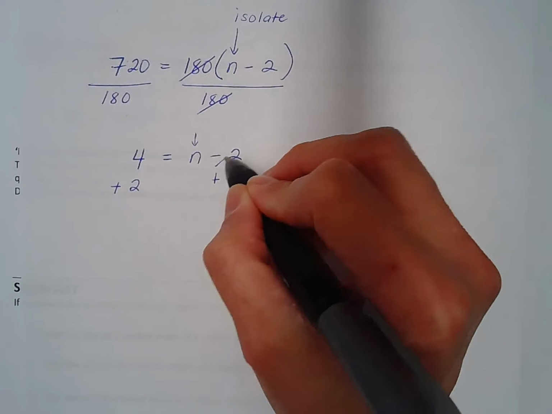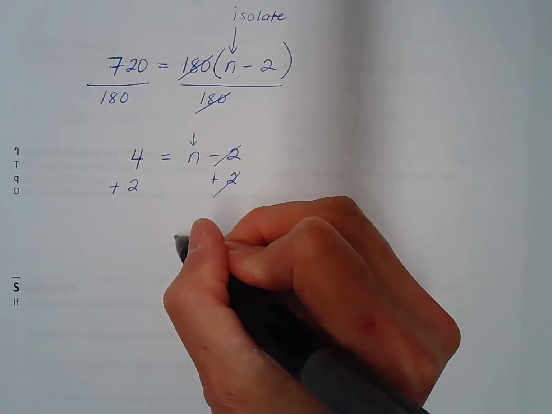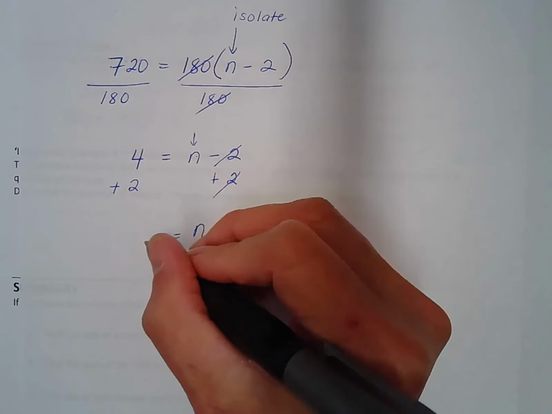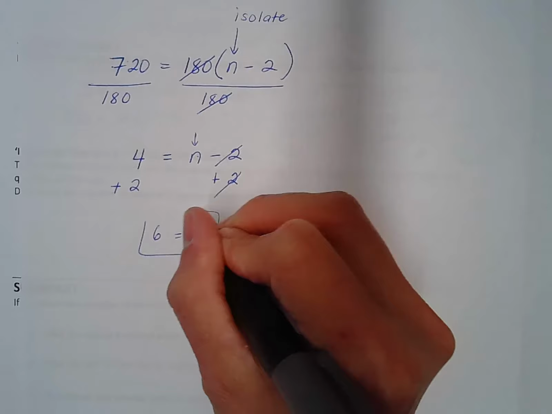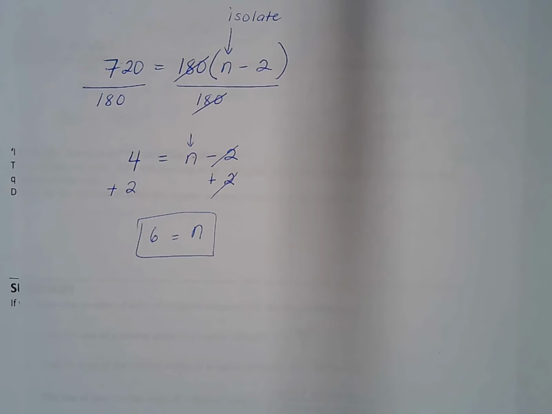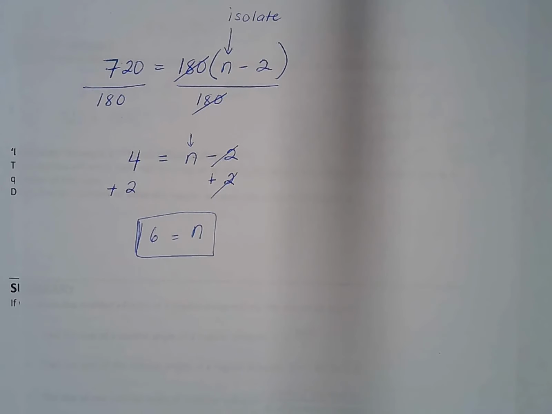So minus 2 plus 2 cancel out, and we're left with n, and 4 plus 2 is 6. So your n is 6.